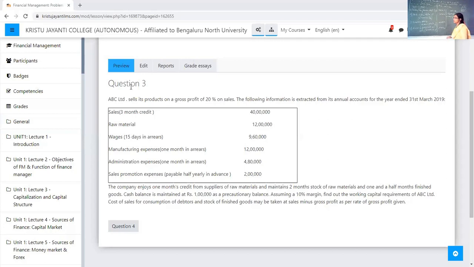How much are you getting for wages? Anyone? Quick. 37,500.